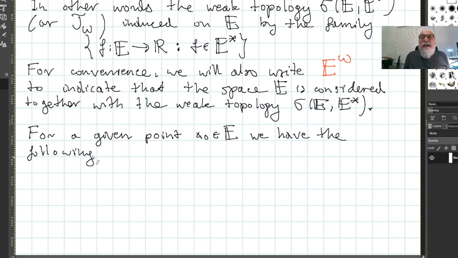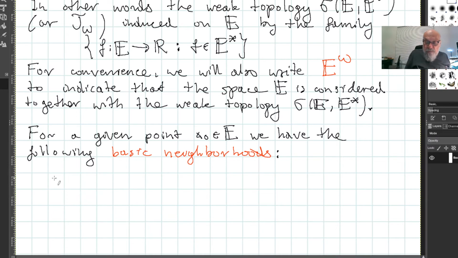That means these neighborhoods form a basis of neighborhoods, and that means every open set can be created using unions of these particular open sets. Basic neighborhoods.